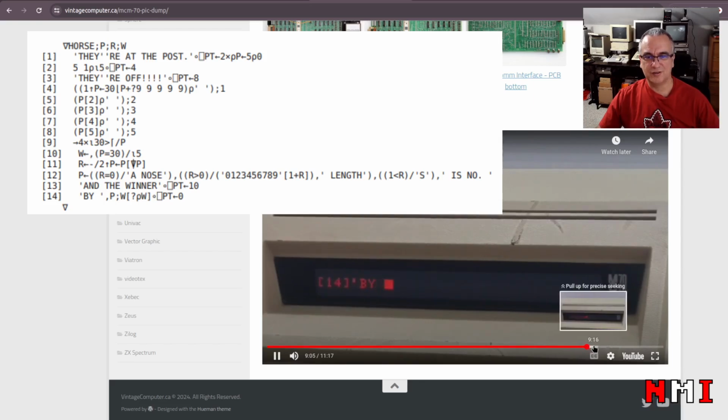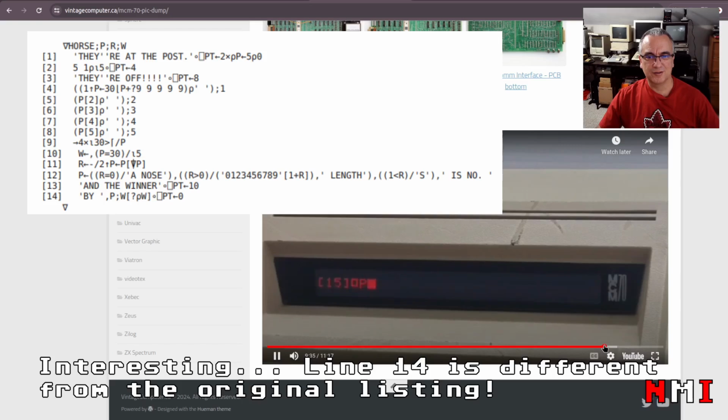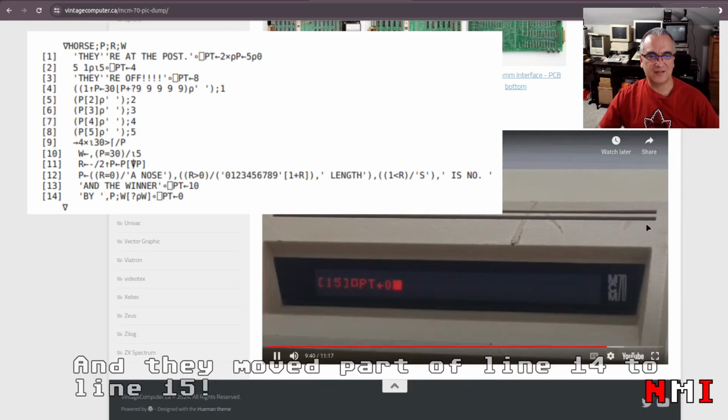Almost there. Oops. So let's see, the last line, then 16. Yeah, this symbol ends the program.